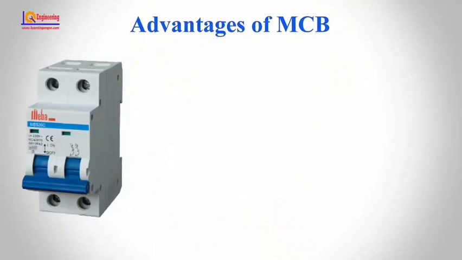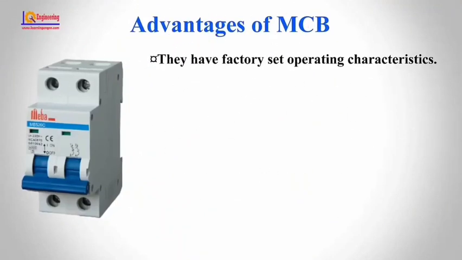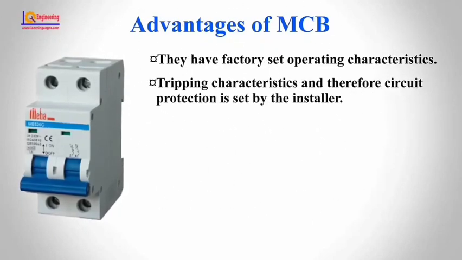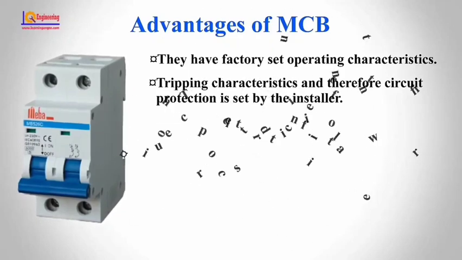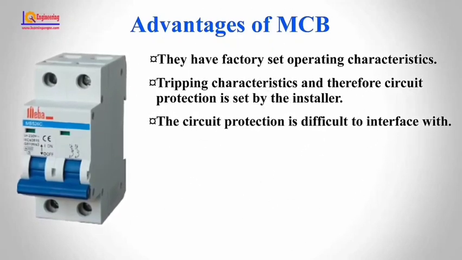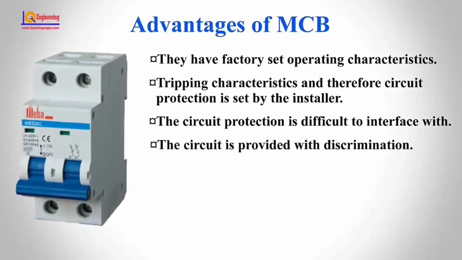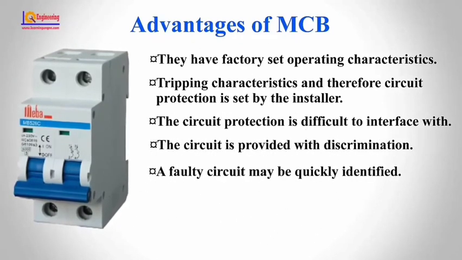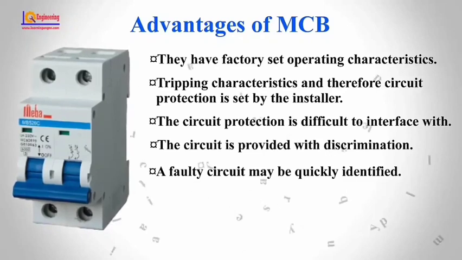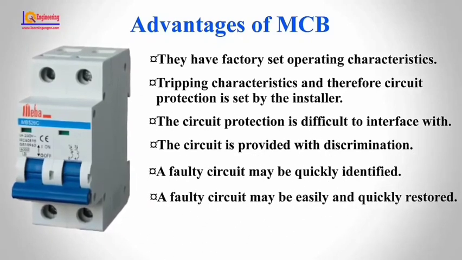Advantages of MCB: they have factory set operating characteristics, tripping characteristics, and therefore circuit protection is not set by the installer. The circuit protection is difficult to interfere with. The circuit is provided with discrimination. A faulty circuit may be quickly identified. A faulty circuit may be easily and quickly restored.